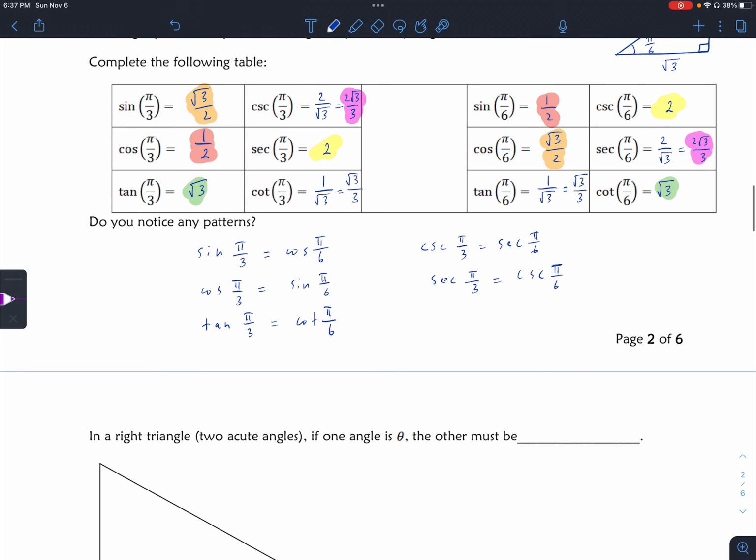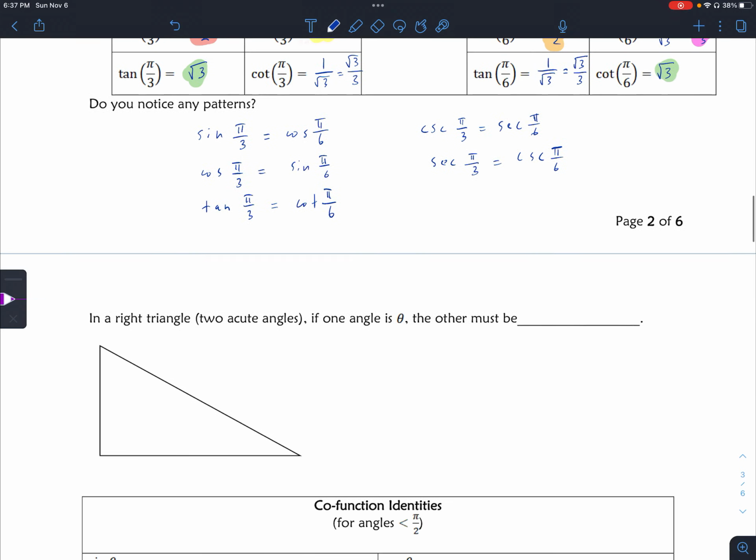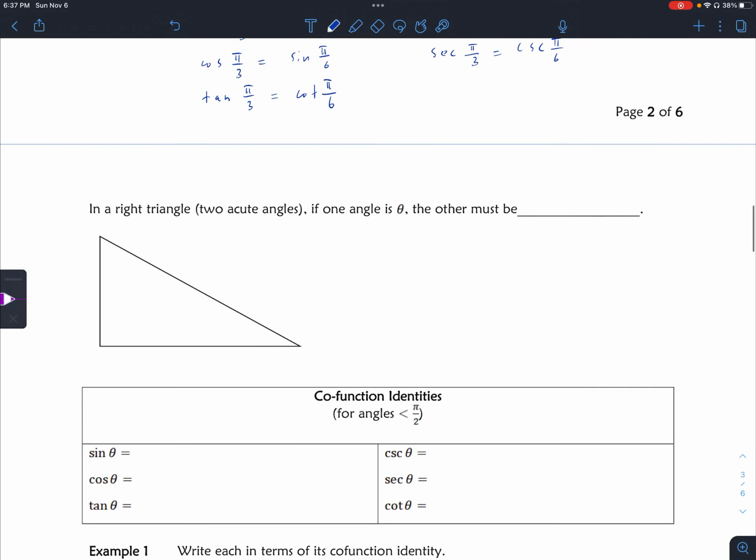Okay, and so there's some other ones here that you can write as well, but that I didn't include. So in a right triangle, so a right triangle has two acute angles. If one angle is theta, the other must be pi over 2 minus theta. So if I have an angle theta here, and then this is obviously 90 degrees, right?